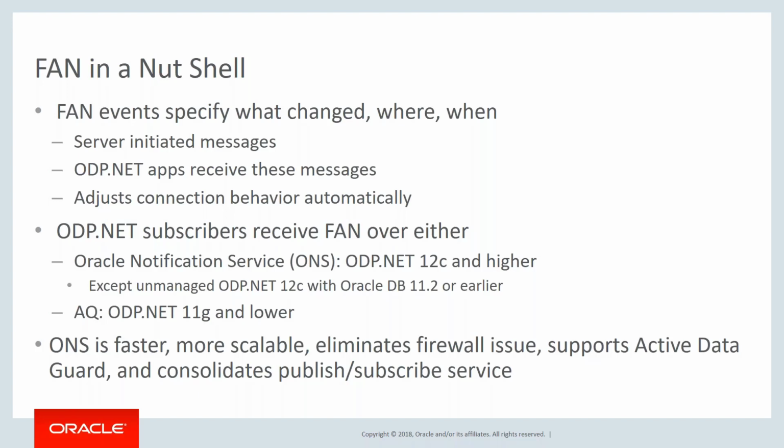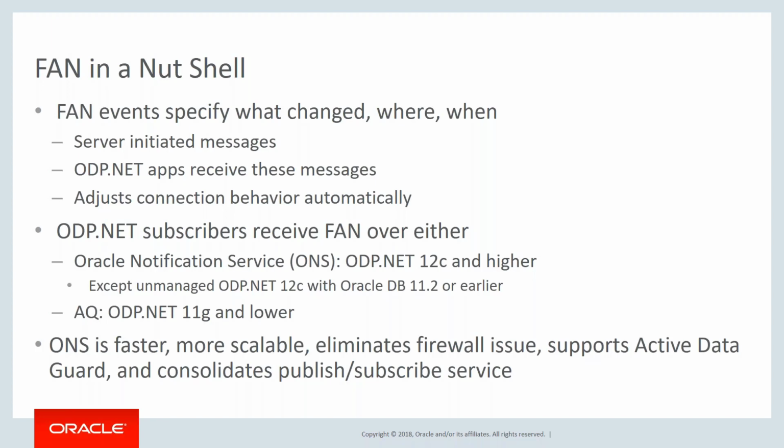And if you are already using FAN, you'll note that in ODP.NET 12c and higher, we've changed the infrastructure underlying FAN from using Oracle AQ to the Oracle Notification Service, ONS. And that's just the implementation of how FAN works. Moving to ONS allows us to have a more scalable infrastructure for FAN.